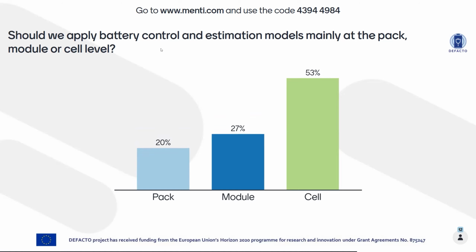This is interesting, that cells came out on top, or I guess we could take that as parallel cell block or cell brick. This is a topic that I have different views on depending on how I feel. To me, one way of thinking about this topic is to think about what kind of sensors you typically have in the system and what kind of electrical arrangements the system has.